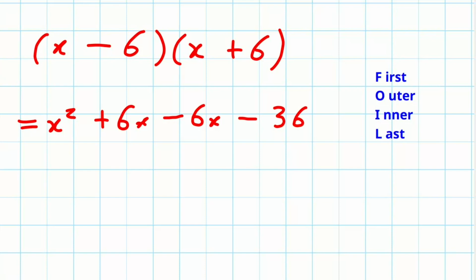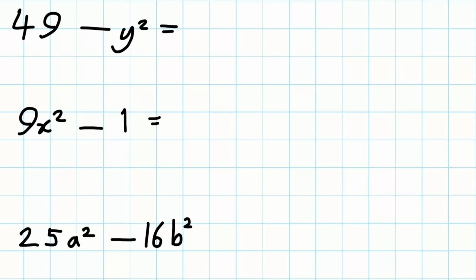So in this very special case, our outer terms and inner terms cancel, and we are just left with the first terms and the last terms, x squared minus 36. So when we factorize with the difference of two squares, we do this in reverse. Before we use the difference of two squares method, we have to make sure it's in the form of a square take away a square.